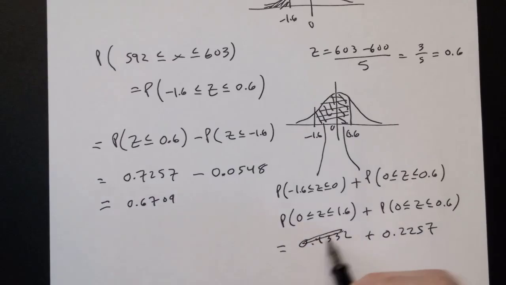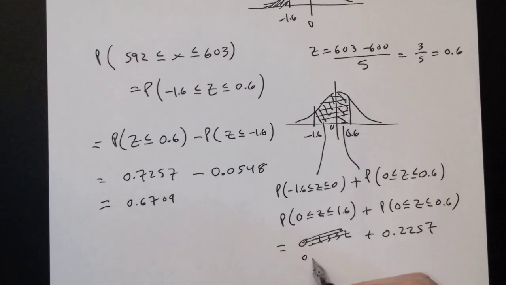Wrong number. Copy down the wrong number. Got to make sure you copy down the right numbers from the table. And lo and behold, 0.6709. I get the same result.